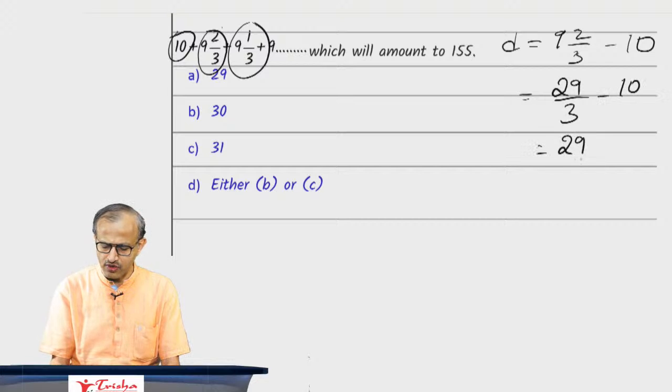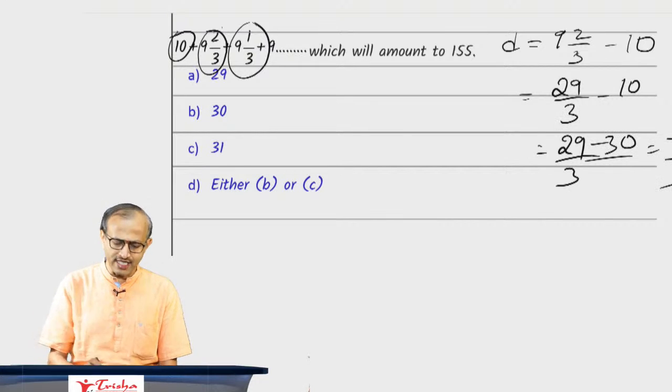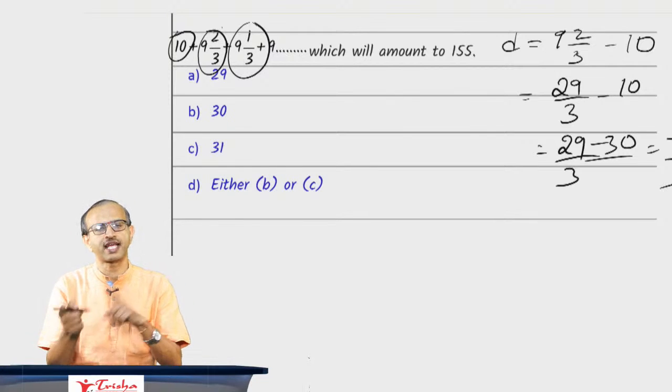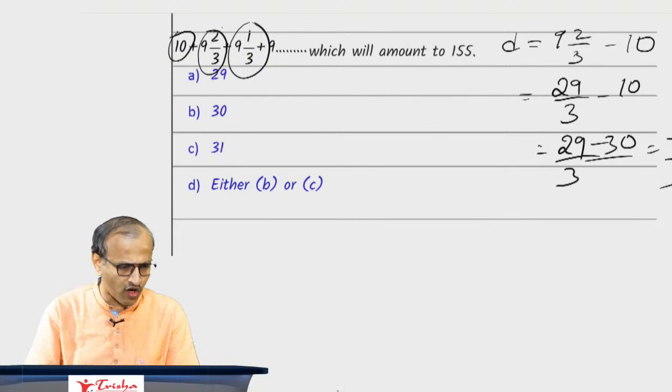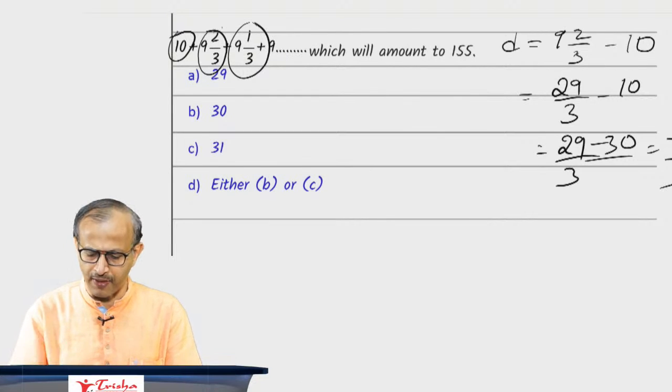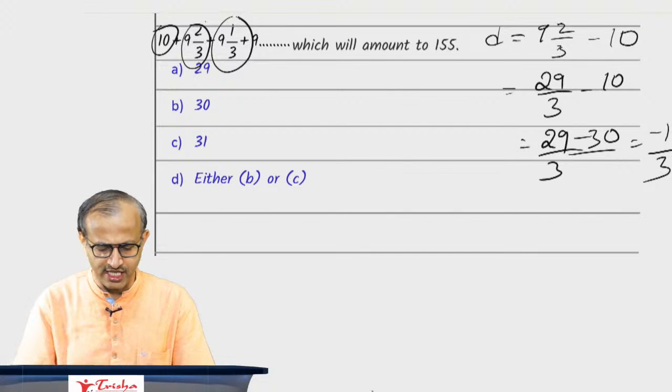It comes down to 29 by 3 minus 30, which is minus 1/3. Again, 9 1/3 is 1/3 less than 9 2/3. So the difference remains constant. Therefore, it is an AP.